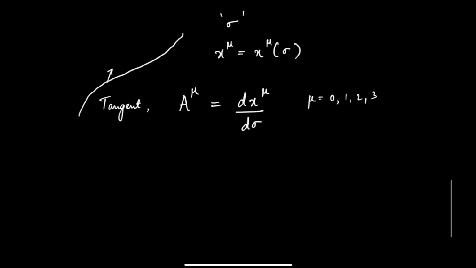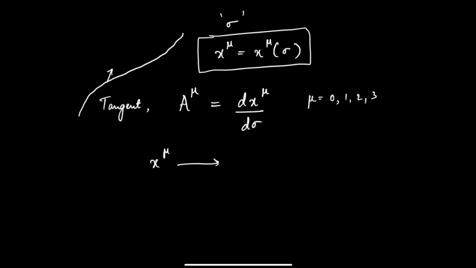Okay, so this is a curve which is parameterized by sigma and the points can be represented by x mu, and the tangent to this curve is given by A mu, which is the first derivative of x mu with respect to sigma. Now I am going to do the coordinate transformation. So x mu is transformed to a new coordinate x prime nu. Now in this new coordinate system, we have to define the tangent.